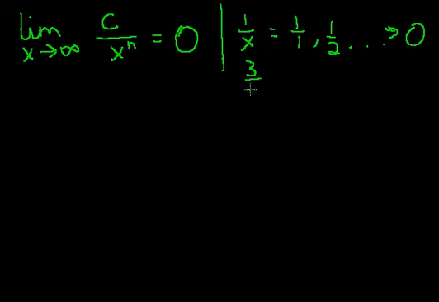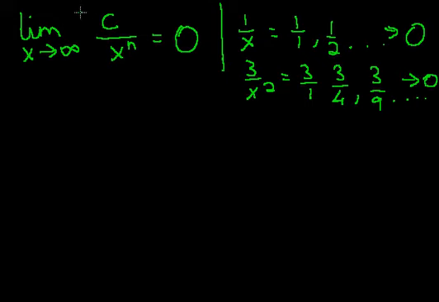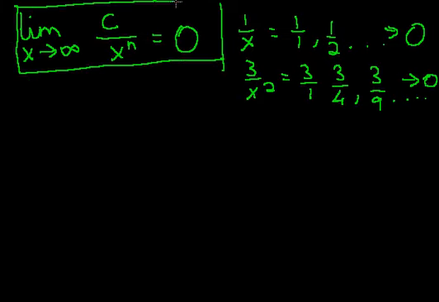If we had 3 over x squared, for example, that is 3 over 1, 3 over 4, 3 over 9, and so on, and it just keeps getting smaller and smaller, and also tends towards 0. So this is the main idea that you need to know with any of these problems that tend towards infinity.